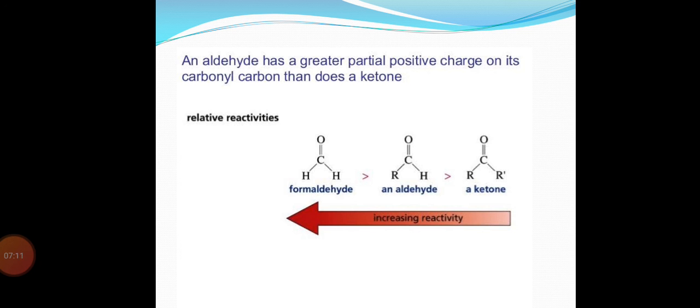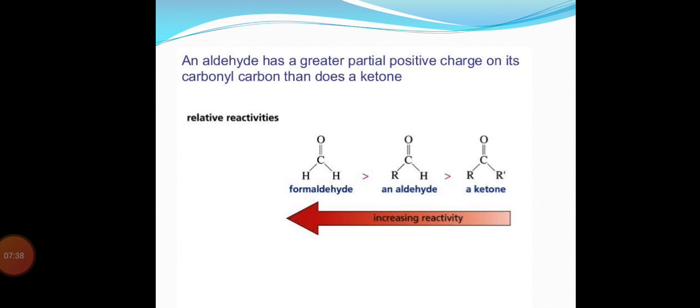Now check the middle structure. This is also a structure of an aldehyde, but this aldehyde contains 1 alkyl group and 1 hydrogen. So in this aldehyde, 1 supporter is present for the carbonyl group, so it is more stable and less reactive than the formaldehyde. Now check the last structure, which is the structure of a ketone, and it contains 2 R groups.